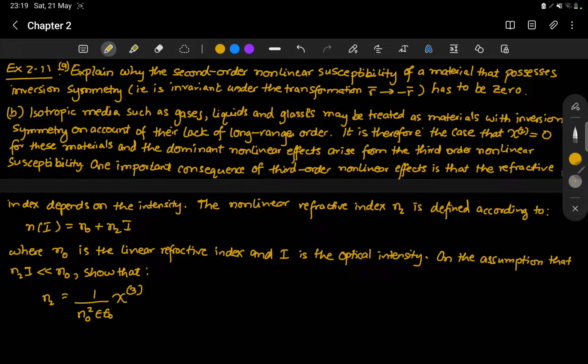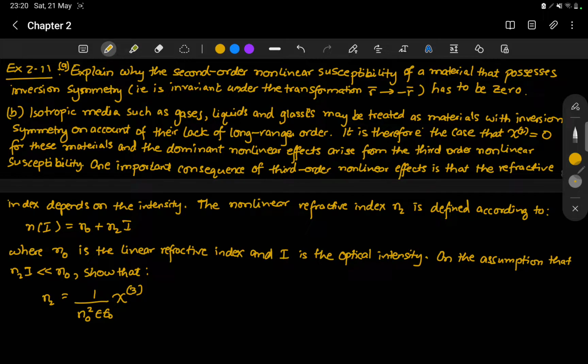It's a big question over here. So the first part of this question says to explain why the second order nonlinear susceptibility of a material that possesses inversion symmetry is supposed to be 0. So we need to see that chi2 for an inversion symmetric material is equal to 0.